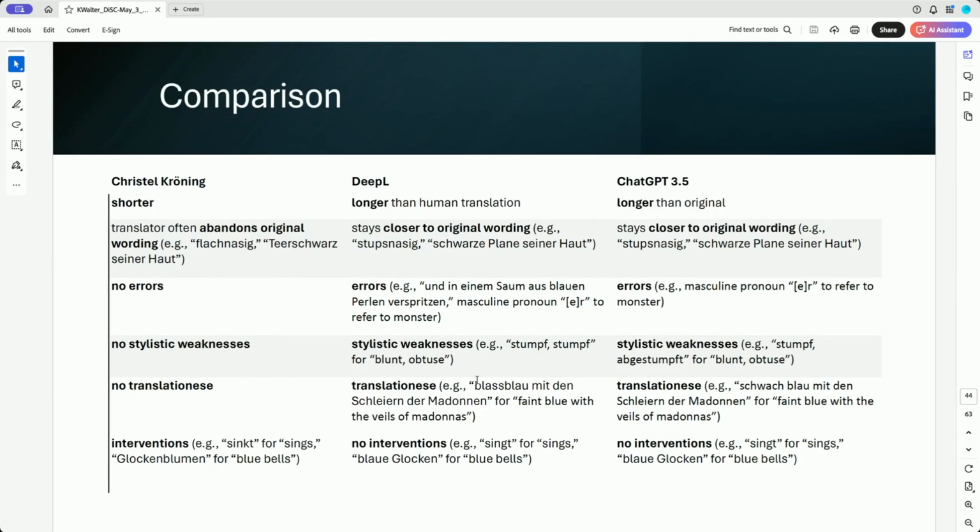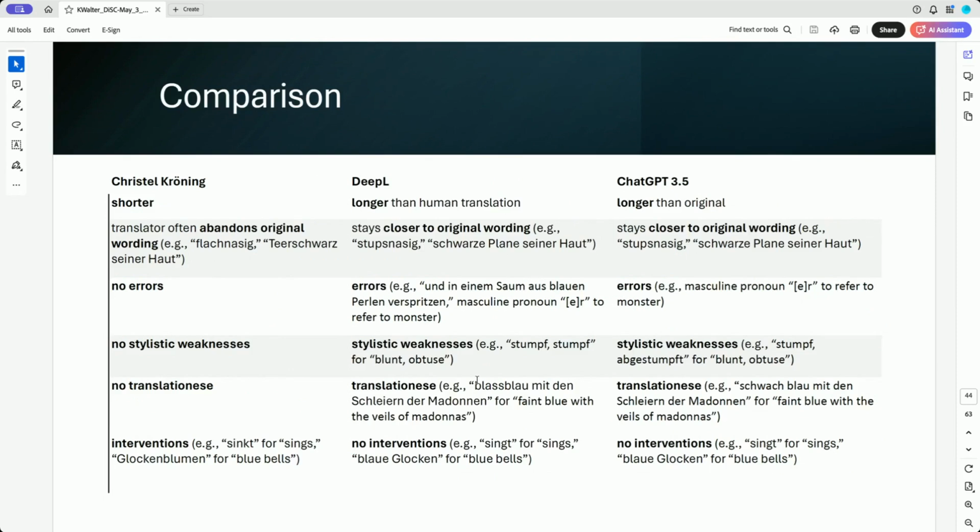DeepL and ChatGPT, unsurprisingly, produce some errors and some stylistic weaknesses. I just want to point out one. Blunt and obtuse are used alongside each other in the original text as two similar adjectives that are combined for emphatic reasons. And in the DeepL version, you just get stumpf, which is not much of a literary effect. And in the ChatGPT version, what you get is not much better, stumpf, abgestumpft.